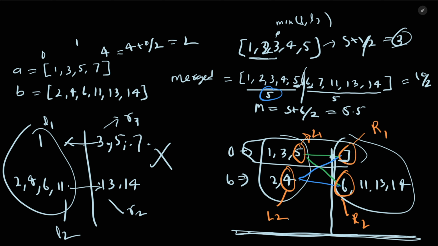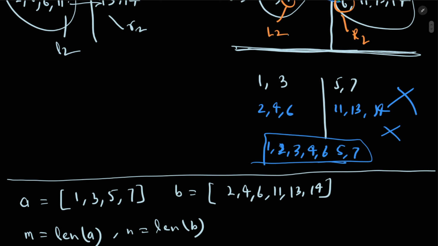So 0, 1, 2, I will reach here. Then I check if this value is less than or greater than the value that I'm looking for. If it is greater, I move to one side, and otherwise I move to the other side. I'm going to use this logic to solve this problem, and for that I need to calculate the mid value first.